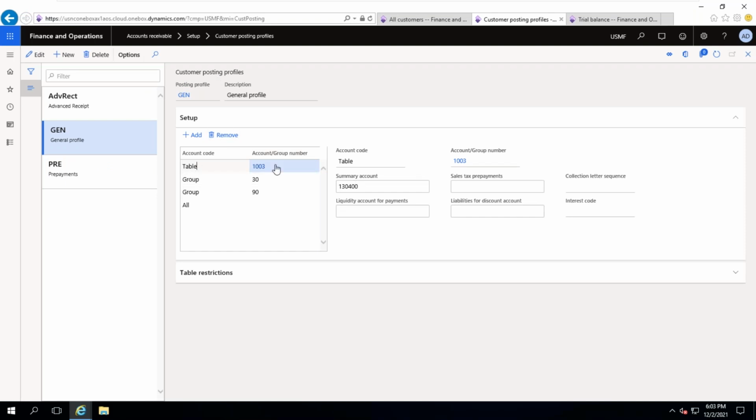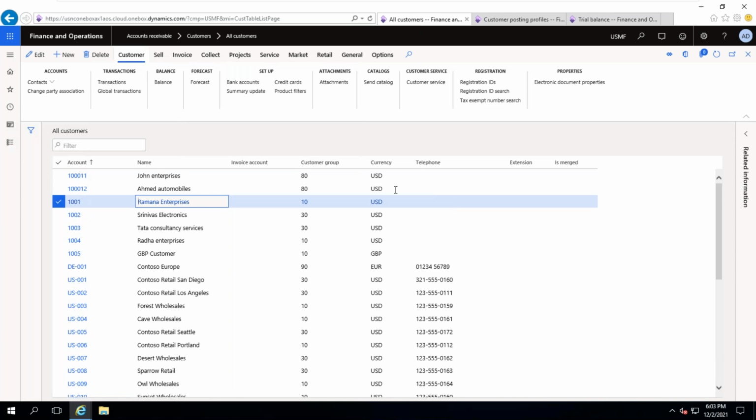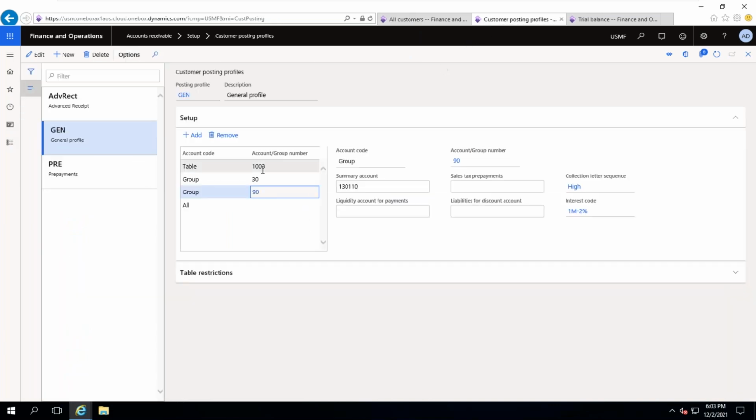If the customer has an account directly with one ledger account, it will post to this account directly. If it does not exist, it will search for the group. If the customer group is 10, but there is no mapping for customer group 10, then it will search for all.